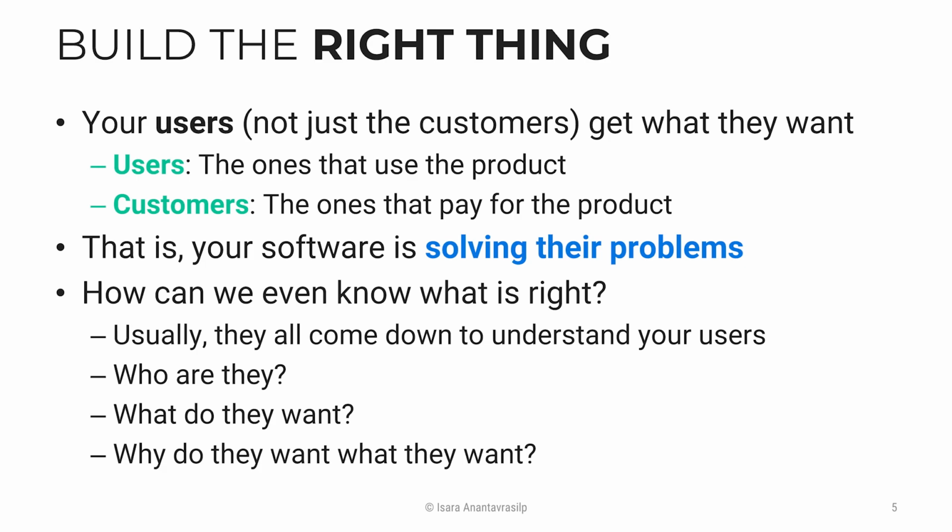So once you understand what the user wants, how they behave, how they work right now, and how they will work using your software and so on, then you can make sure that the software that you are going to develop does solve their problem. And this is what building the right thing is.